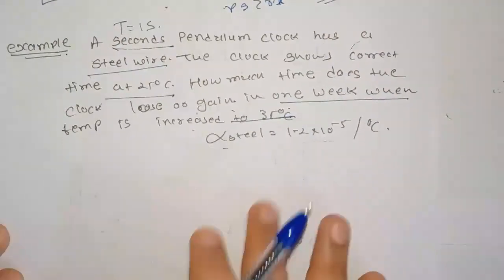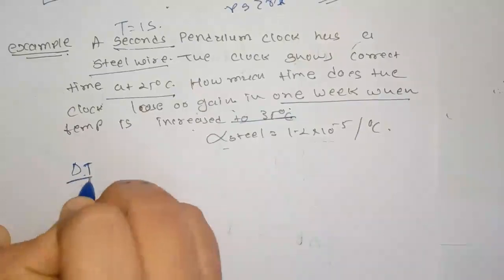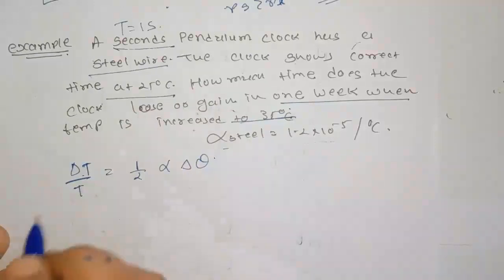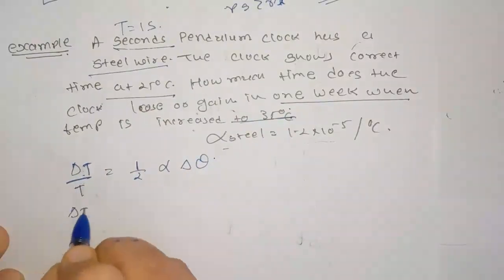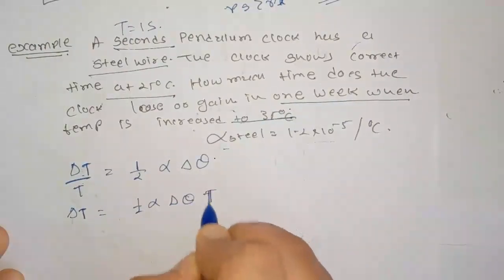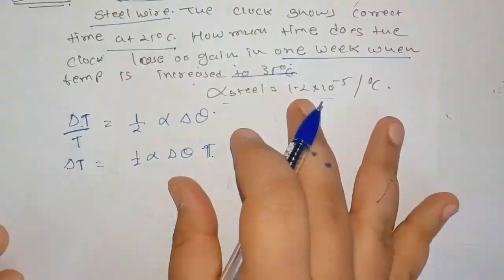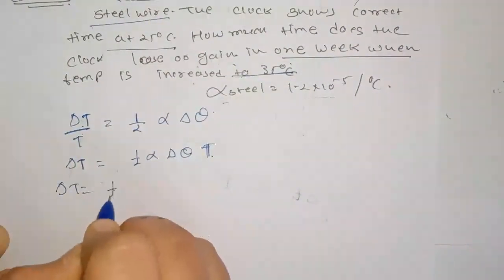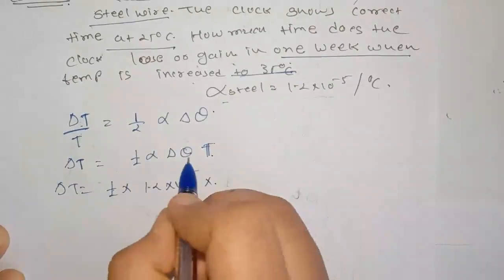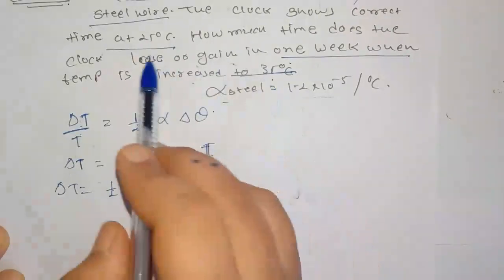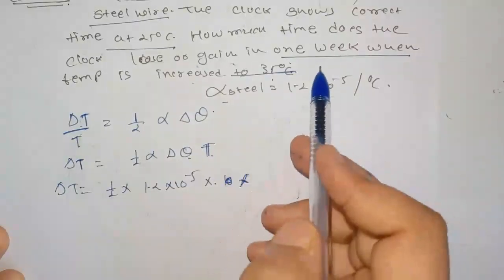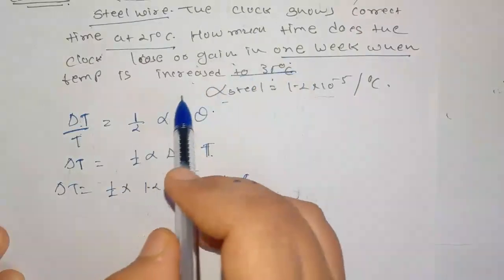The fractional change in time, as we have just seen, is given by delta T by T is equal to half alpha delta theta. We want to find delta T is equal to half alpha delta theta into capital T. So delta T will be half, alpha is given 1.2 into 10 power minus 5, delta theta will be 35 minus 25, that will be equal to 10 degrees Celsius, and T, we want to find the time lost or gained in 1 week.